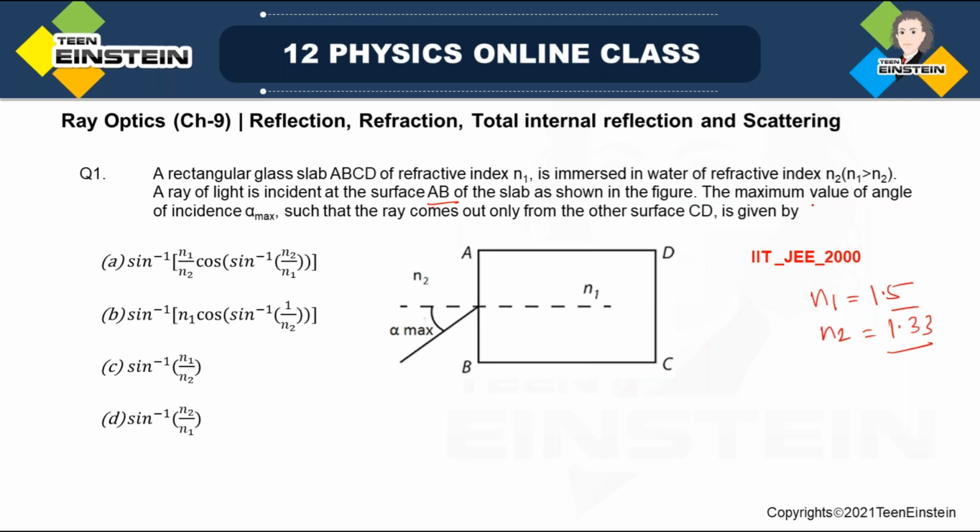The maximum value of angle of incidence, this is called the angle of incidence, is such that the ray comes out of the other surface CD.